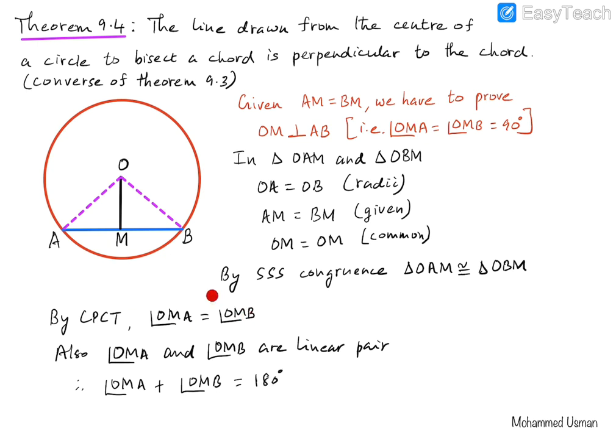But we know from the previous statement that OMA is equal to OMB. So if both are equal, then both must be equal to 90 degrees. So 90 plus 90 will be 180 degrees.